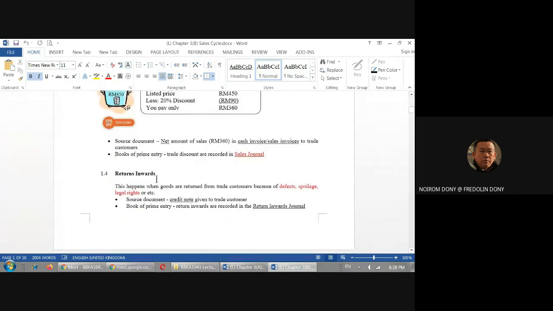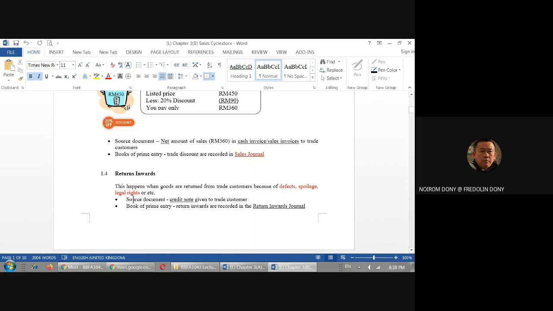Now, return inward. How do you distinguish between outward and inward? Inward, meaning the goods are coming back to the business. So this indicates a sales return. Why did the customer return the goods? Because of the same reasoning: defect, meaning it's spoiled, rusak.